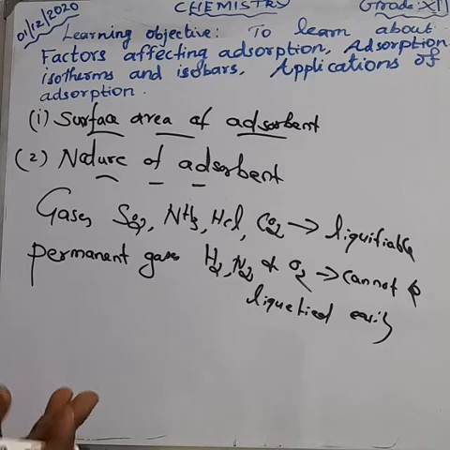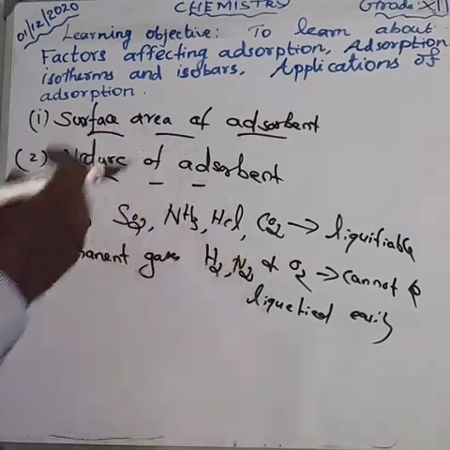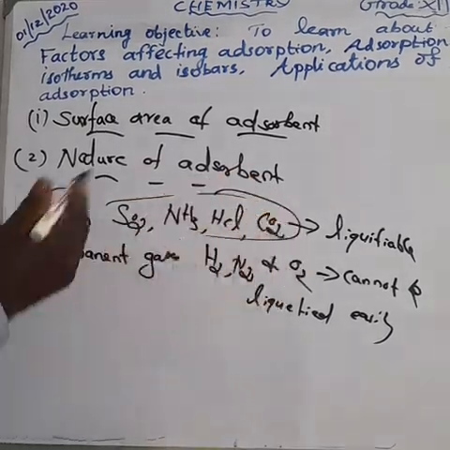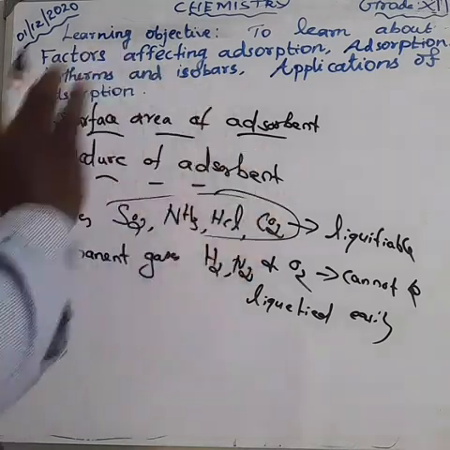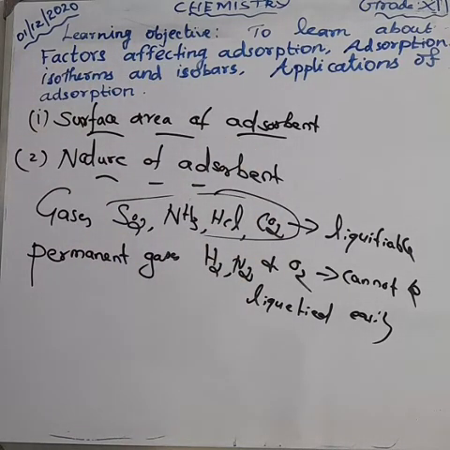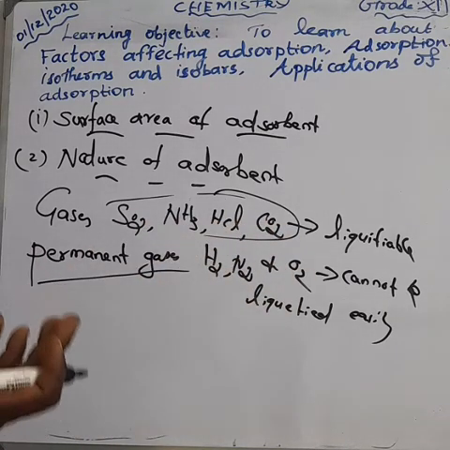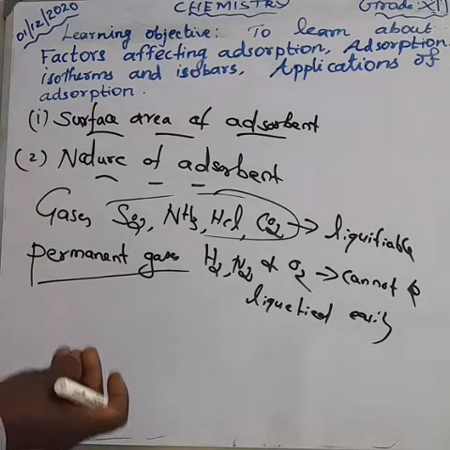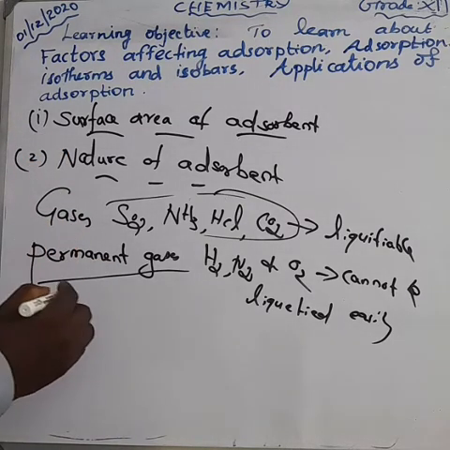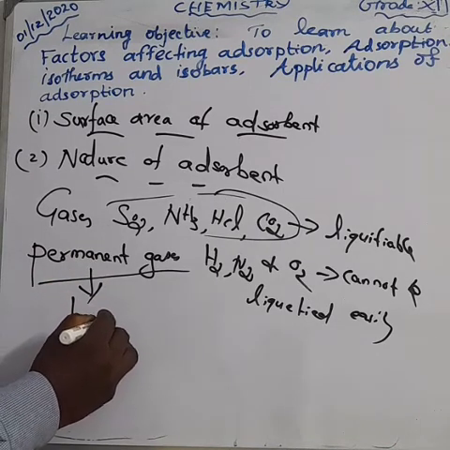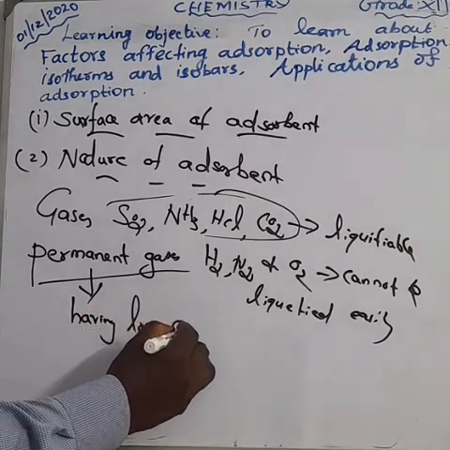The reason is that they have greater van der Waals forces of attraction, so they are easily liquefiable. The permanent gases, hydrogen, nitrogen and oxygen, cannot be liquefied easily. Why does this happen? Because permanent gases have a low critical temperature. Don't forget that.